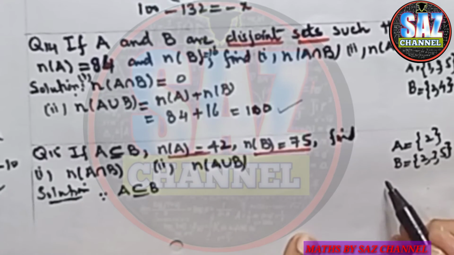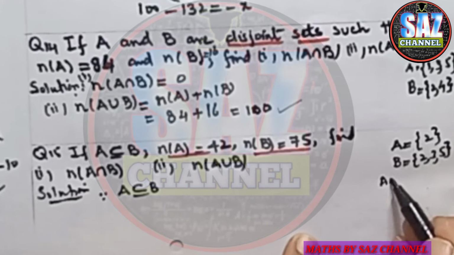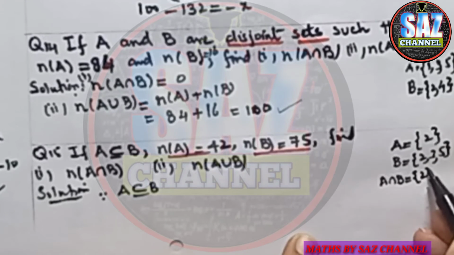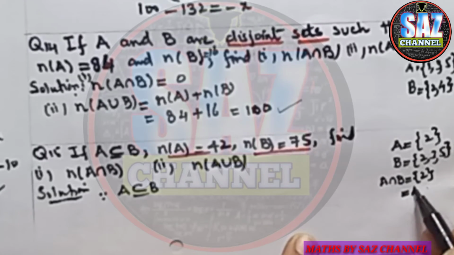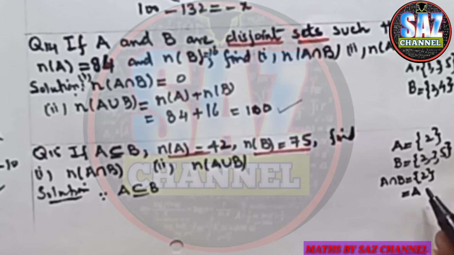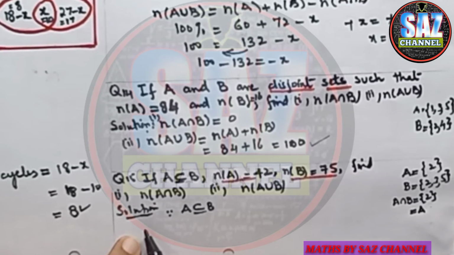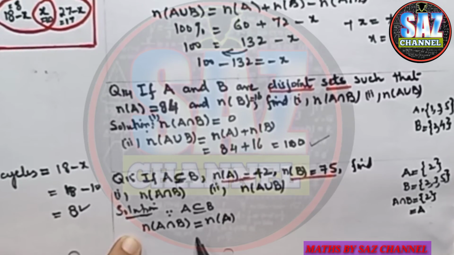So the intersection of these two sets, A intersection B, will be equal to 2 only, which is actually the set A, the subset of B. So the number of elements of A intersection B will be equal to the number of elements of A, which is the subset, and which is equal to 42.